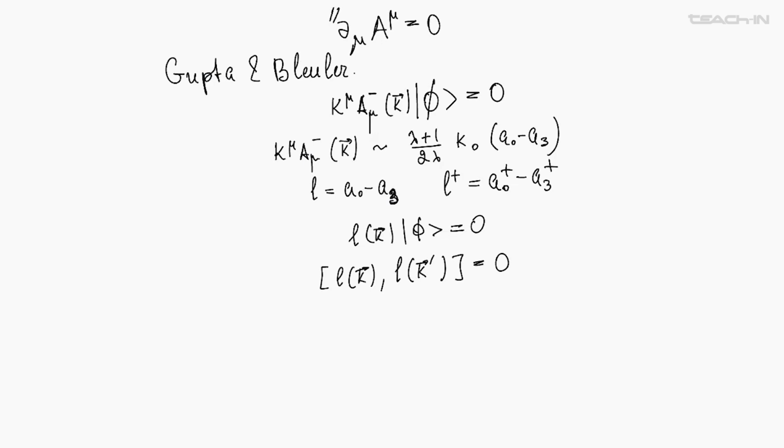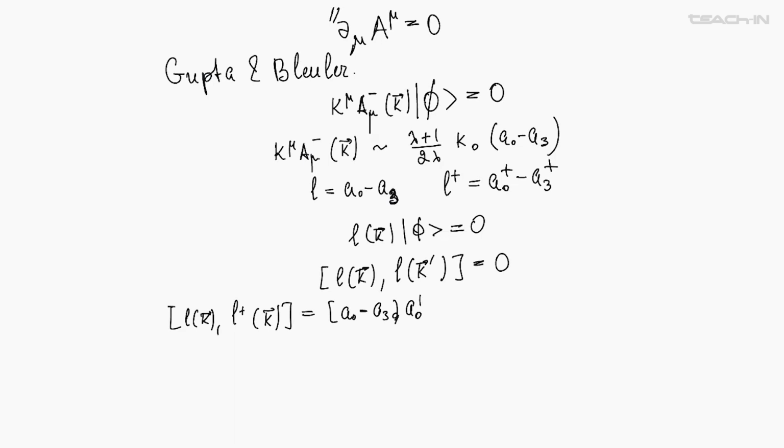Moreover, you find the following: if you commute L on k with L dagger on k, then this is the same as A0 minus A3 with A0 dagger minus A3 dagger.